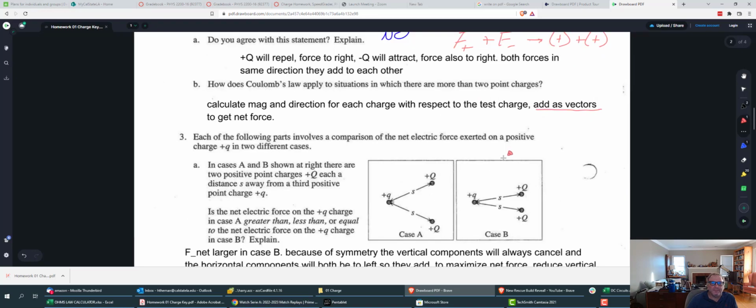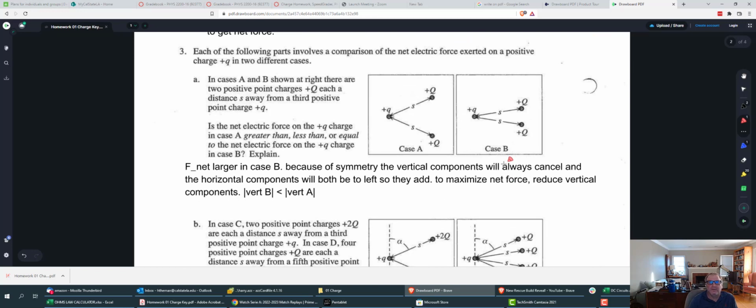Okay, this one. So there are total vectors in each case. So there's some net like that, but they both have vertical and horizontal components, right? So there would be a horizontal component from each one, but the vertical components are in opposite directions.